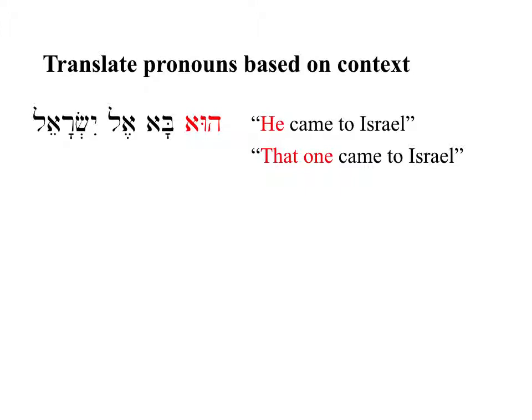He came to Israel. We might want to say, that one came to Israel, to indicate the fact that we are demonstrating what is happening and trying to call attention to this specific individual. You may find, however, that in the context, it's not going to be that helpful to the reader to be able to capture that, and as a result, you might find either one of these translations in a modern English translation of the biblical text.